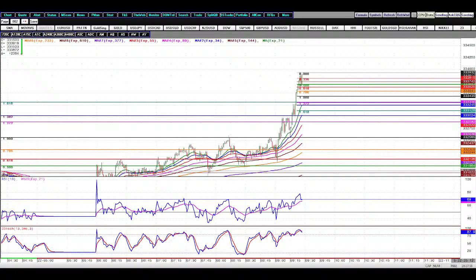So let me tell you, cautious buy gold. We are going to put the lot size, because always remember the lot is very important: 0.2 and 0.3. Buy at 3333 and 3330.